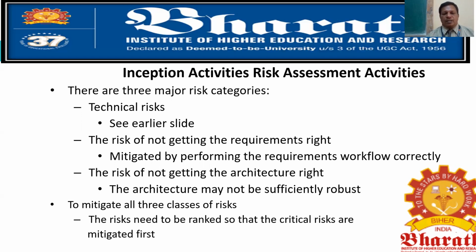If you are not getting the requirements at the right time, in the right way, what risks do we have to consider and how do we overcome them? The workflow should be properly executed, then only can the development activity be carried out in the correct time, the scheduled time.